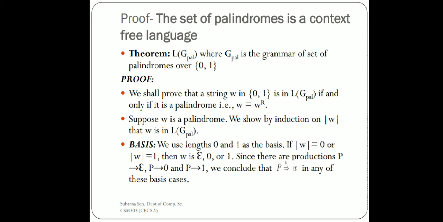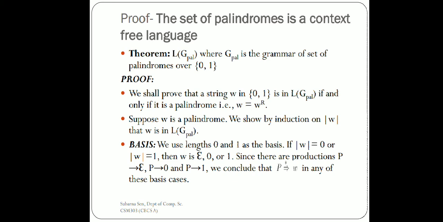Now what can be the least length string over 0 and 1 that is accepted as a palindrome? It can be of 0 length, that is, it can be an empty string. It can be of length 1, it can be 0 or it can be 1. So the length is 1 only. So these three are the basis, that is length 0 and 1.